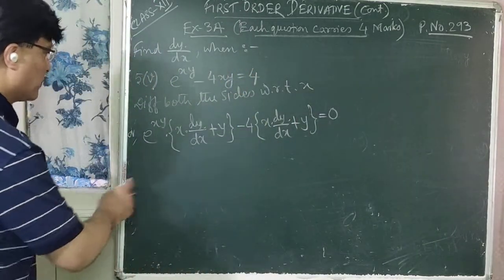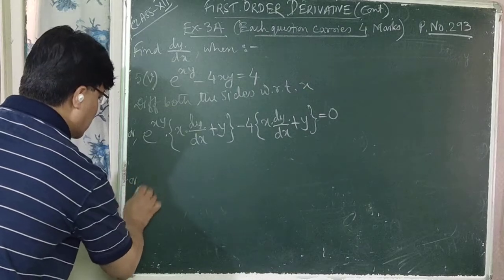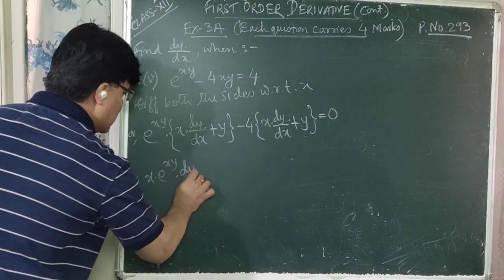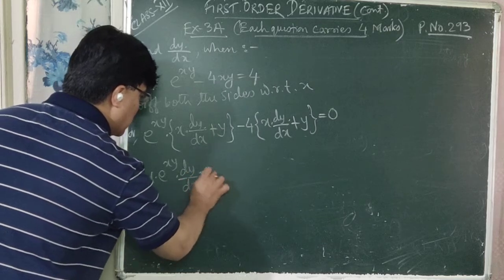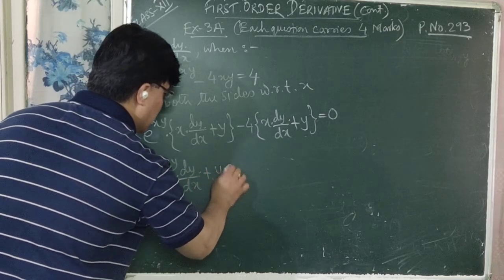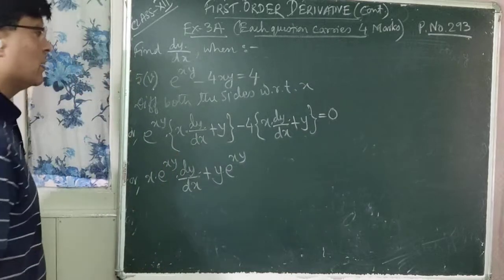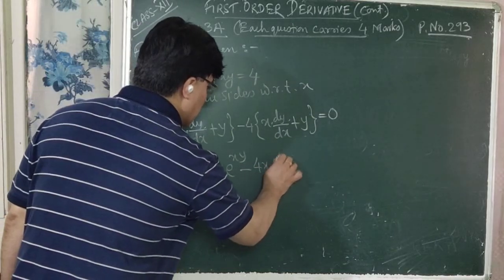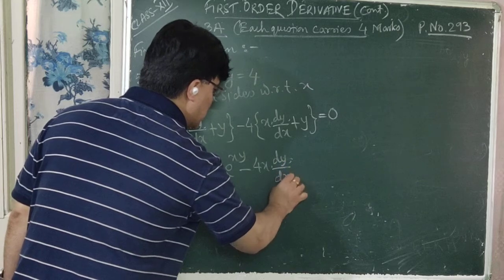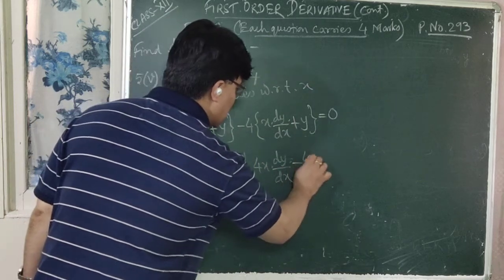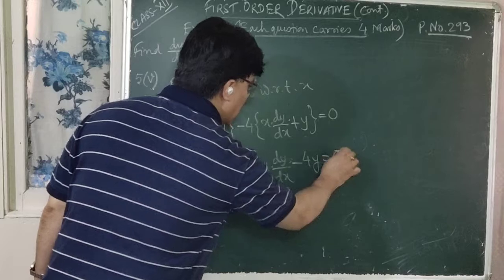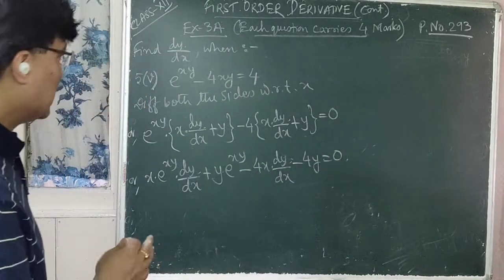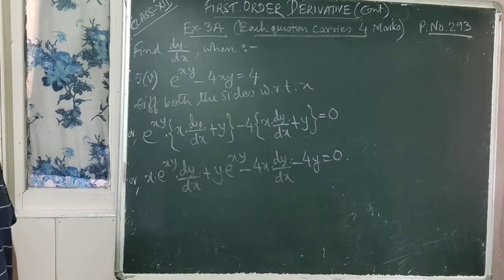So let us get the value for dy by dx here. x into e to the power xy into dy by dx plus y into e to the power xy, minus 4x into dy by dx minus 4y, which is equal to 0. Now we have to get the value for dy by dx.